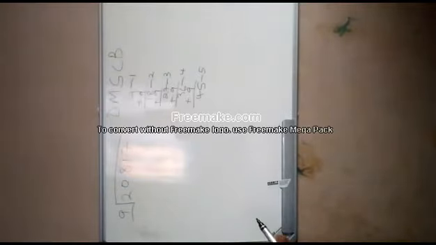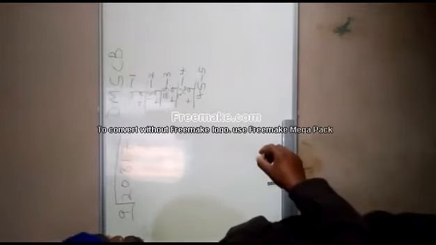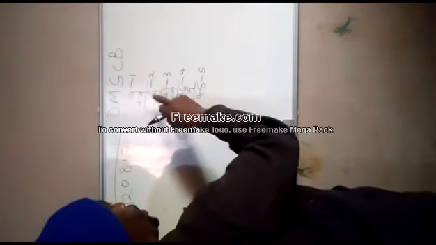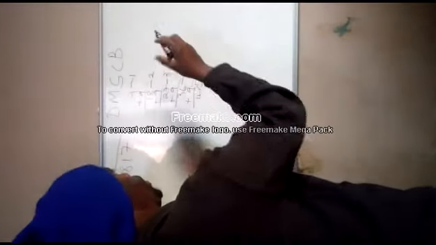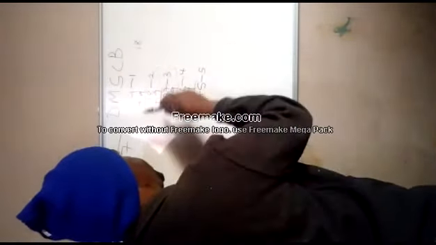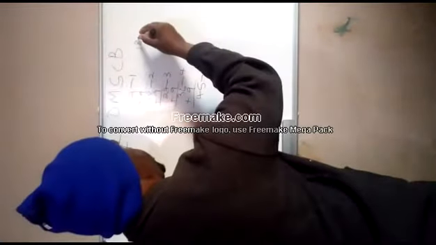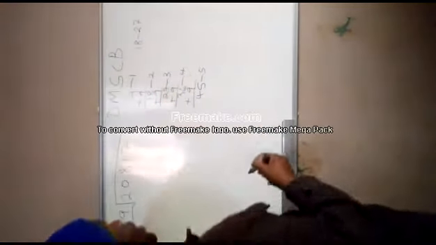We go to the multiples of 9. We look for two multiples of 9 between which we can find the number 20. We've got 18 and 27.